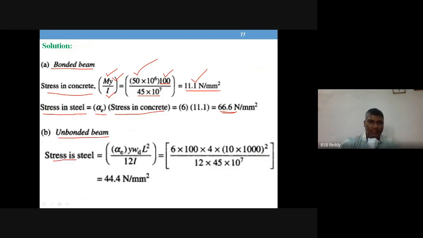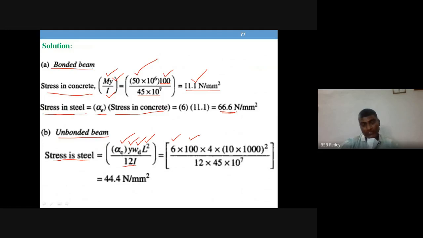So stress in steel is straight away the formula which was derived in the last session: alpha y W total load L square by 12 I. So alpha is the modular ratio 6, ES by EC value.